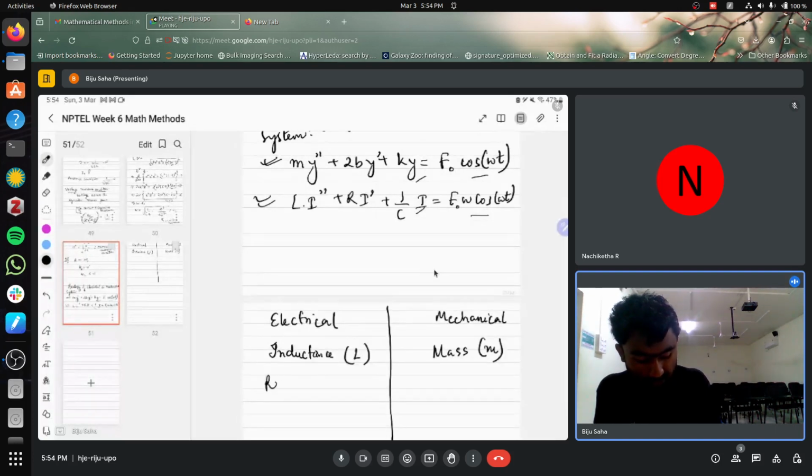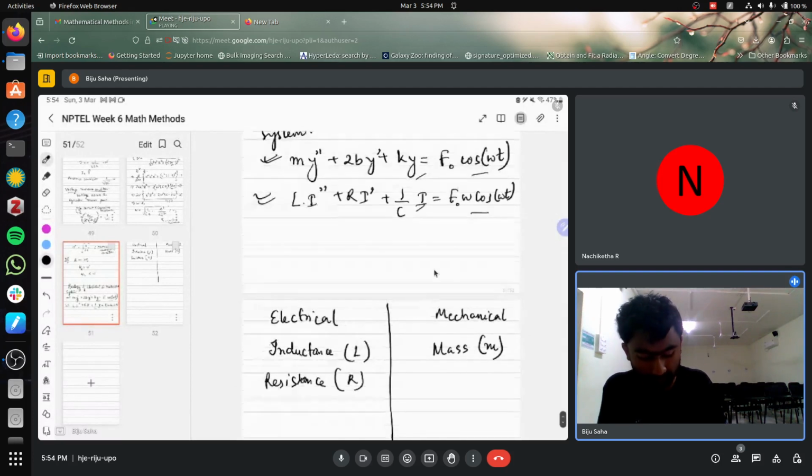Similarly, resistance R corresponds to the resistive force or the damping constant. Damping constant 2B.